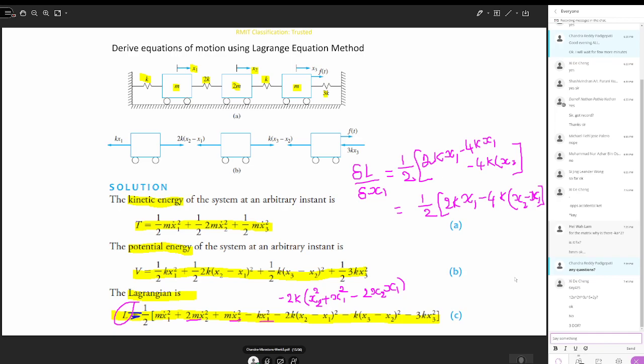Normally in the exams, there will definitely be one question dealing with Lagrange's method. You will be having a system, then you need to apply Lagrange's method to derive equations of motion.